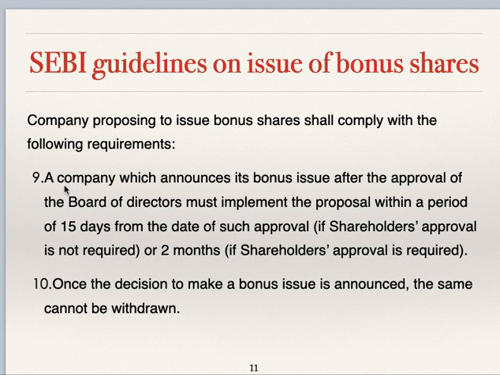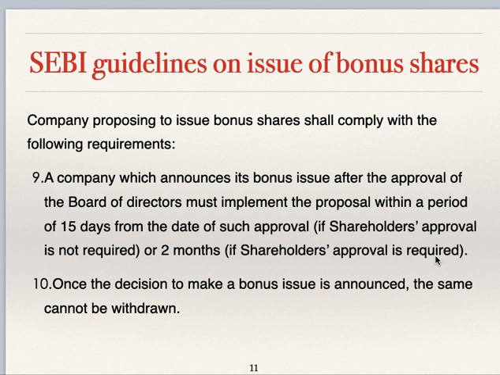Ninth guideline: a company which announces its bonus issue after approval of board of directors must implement the proposal within a period of 15 days from the date of approval if shareholders' approval is not required, or 2 months if shareholders' approval is required.